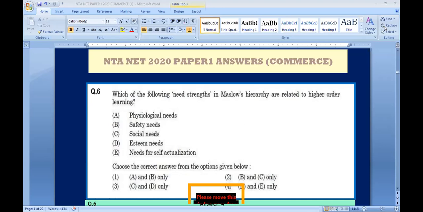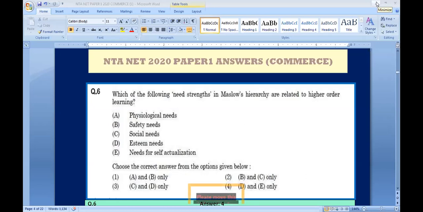Maslow was a pioneer in organization behavior, that is a group of individuals' behavior theories in management. So he has made there are 5 types of needs.